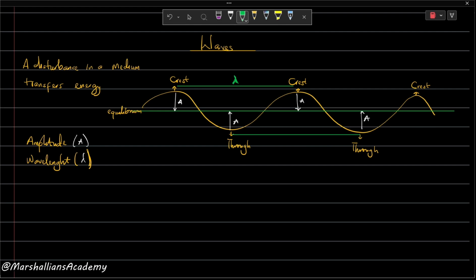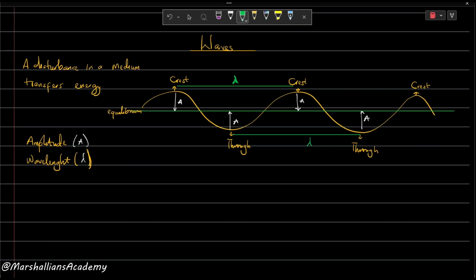You understand? So this is a wavelength. This is also a wavelength. If I pick two successive crests or two successive troughs, then I have a wavelength. The word successive means they follow each other. It could be two equilibrium points with one crest and one trough.